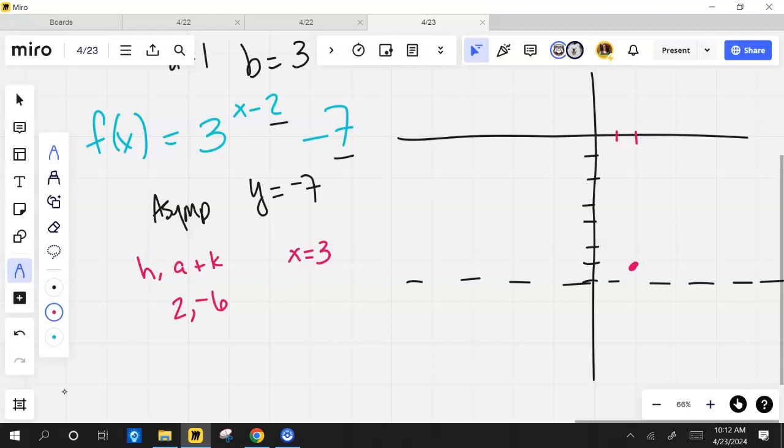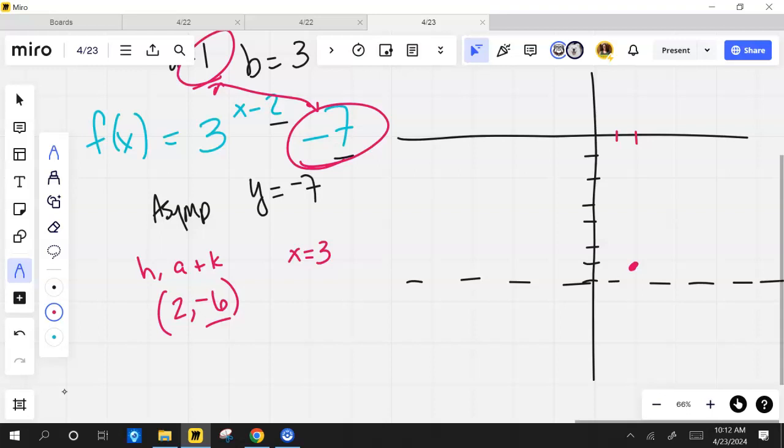So where are you confused? Okay, so A, we said A is 1 and K is -7. So 1 plus -7 would give me -6. If I choose 3, how do I find the y value that goes with 3?